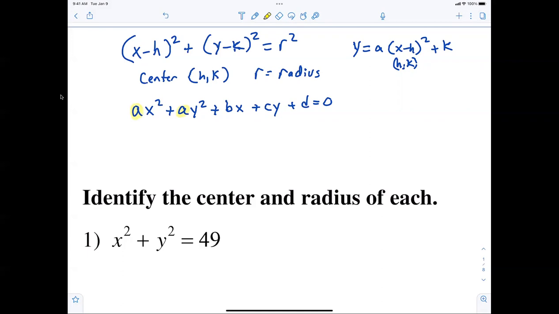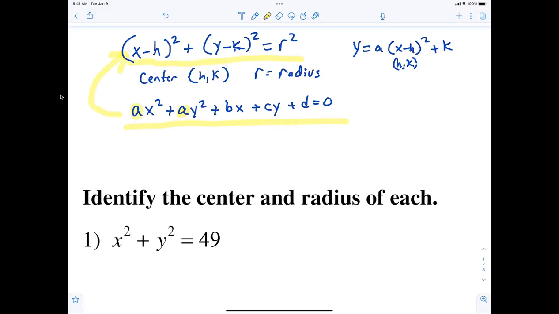The only way it can be a circle is if the x² and y² terms are equal. So again, very simple process. I will be giving it to you in this format, and you have to move it into this format. We hope it's written in this format because that's just easy.